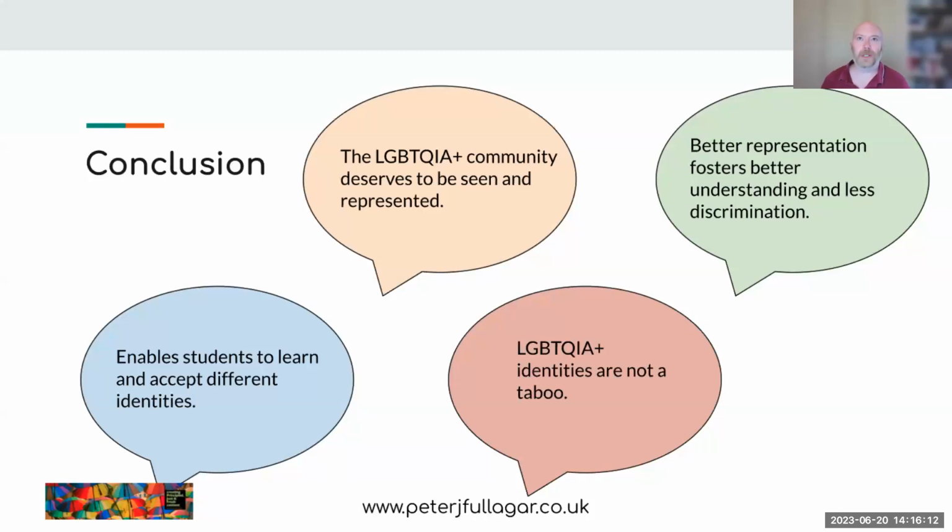With better representation in classrooms and in materials, it should help to foster better understanding and less discrimination as well. And that really is the key thing for me. And for me, LGBTQIA+ identities are not a taboo.